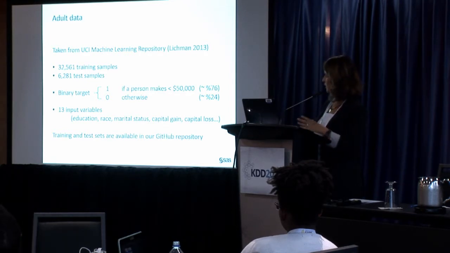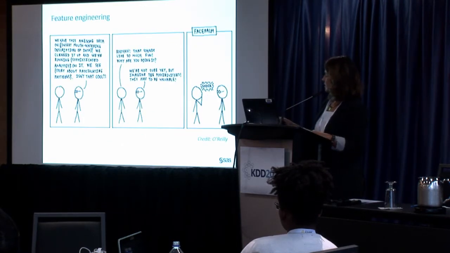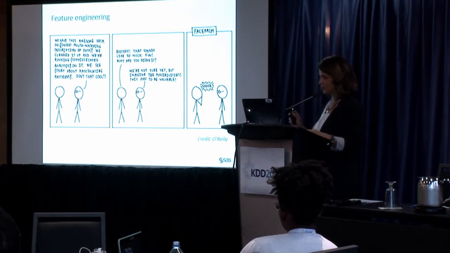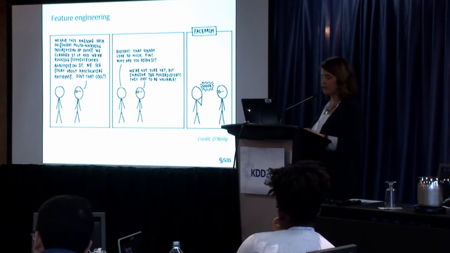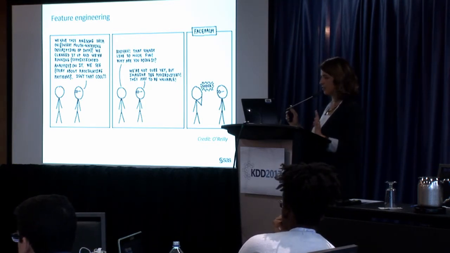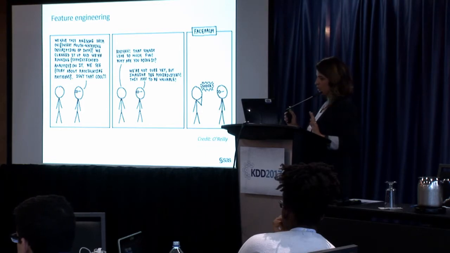You can reach the whole project and the analysis of the data; everything is available in our GitHub repository. I'm not going to talk about this much, but I just want to mention feature engineering. We did a lot of data prep.